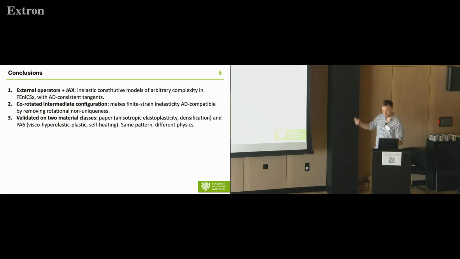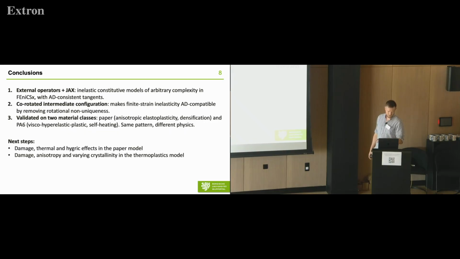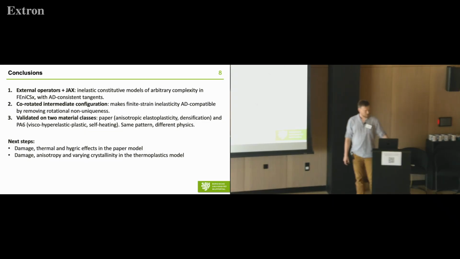Only the constitutive law is different. Next steps that we want to tackle is to get damage in there in both models, and also work more towards multiphysics, so two-way coupling of crystallinity effects, thermal and hygrothermal effects, and so on.